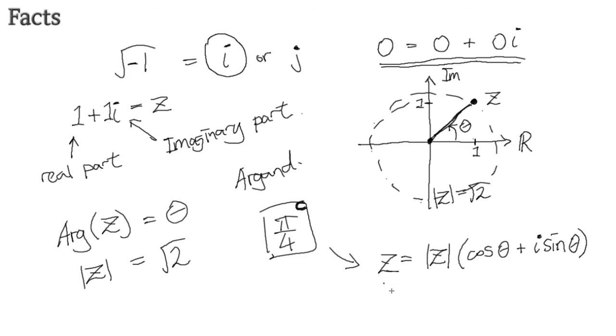But it works for any argument, any modulus. So this is how you turn a modulus argument into a real imaginary.